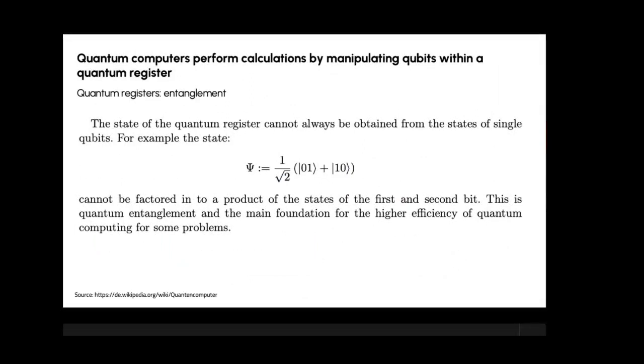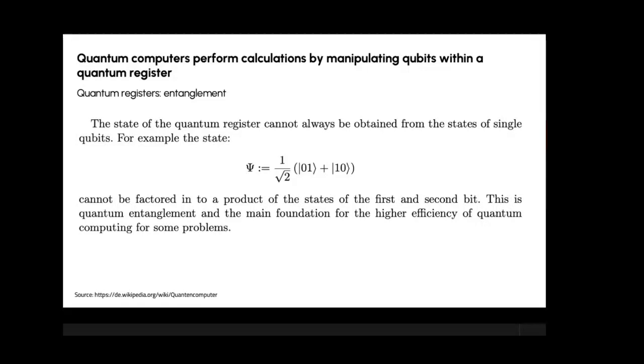But this is the key why quantum computers have higher efficacy than normal computers, because you can create entangled states. If you manage to entangle all 8 qubits of your register, then you only have to manipulate 1 qubit to manipulate them all. If you think of the entangled photons example, they are far apart. Alice has one, Bob has one.